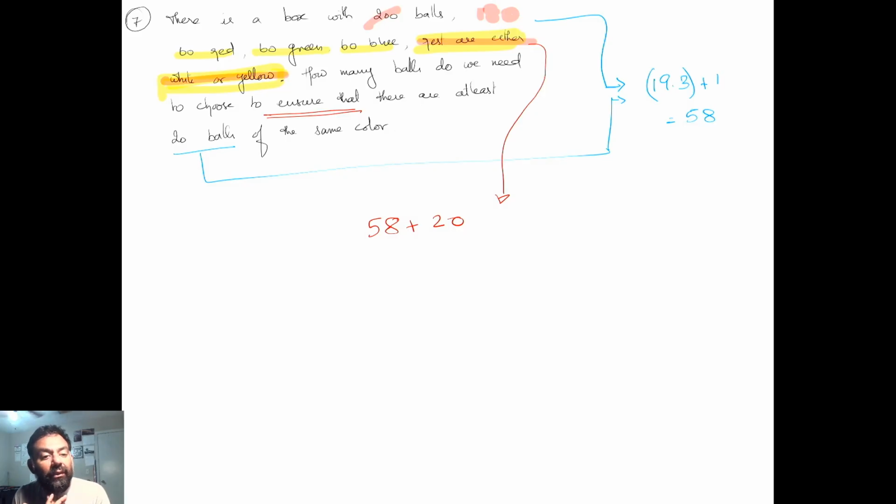What will be the worst case, or the most disruptive? Suppose you pick all the white and yellow balls, all 20 of them, in the beginning, and then only you start picking red, blue or green, again by sheer bad luck. Then even at that point, the 20 plus 58 will ensure that you have at least 20 balls of one color, which is red, blue or green.